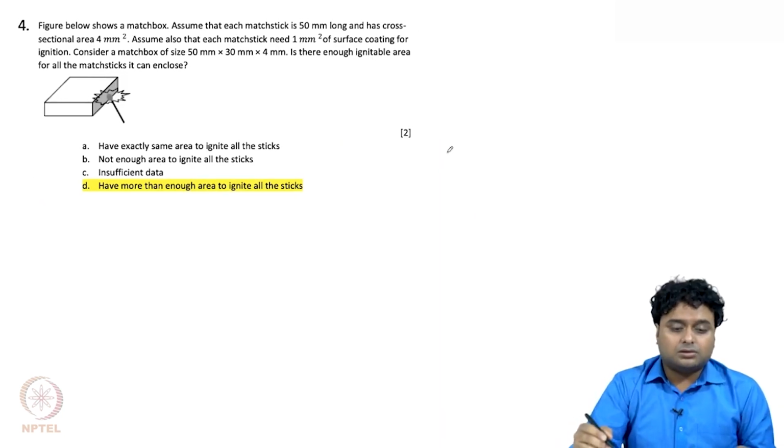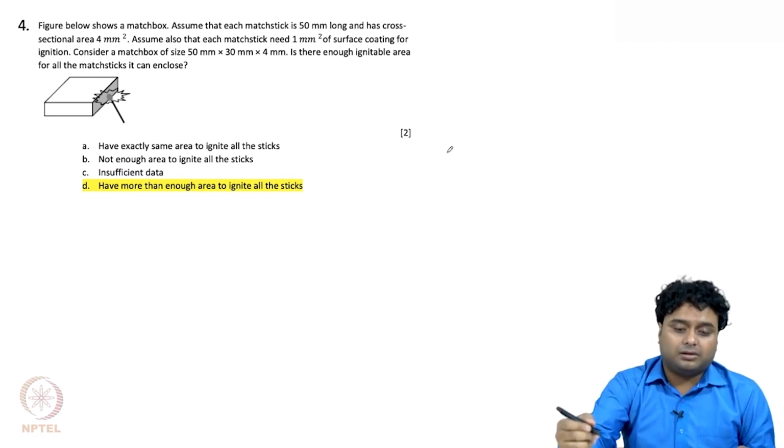Okay. So the next question is also related to scaling, or to give an idea of how surface and volume relate. In this question you can see that there is a matchbox and each matchstick is 50 millimeter long and cross sectional area is 4 millimeter square.